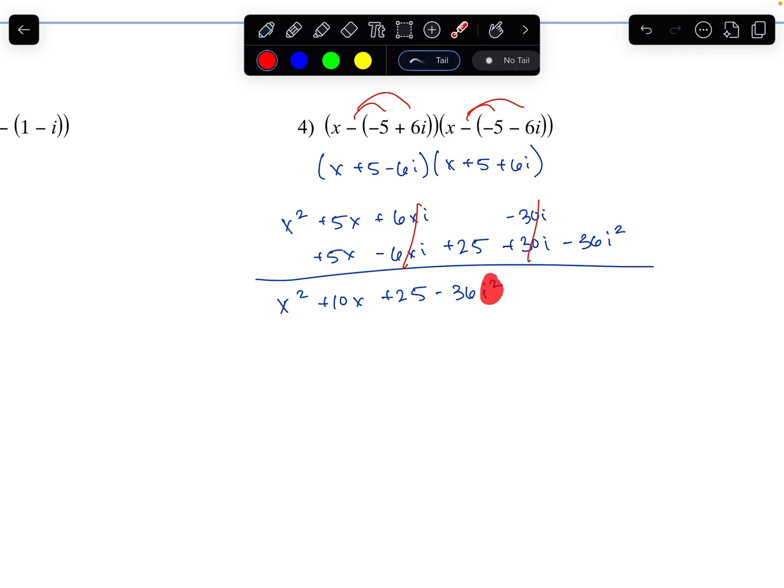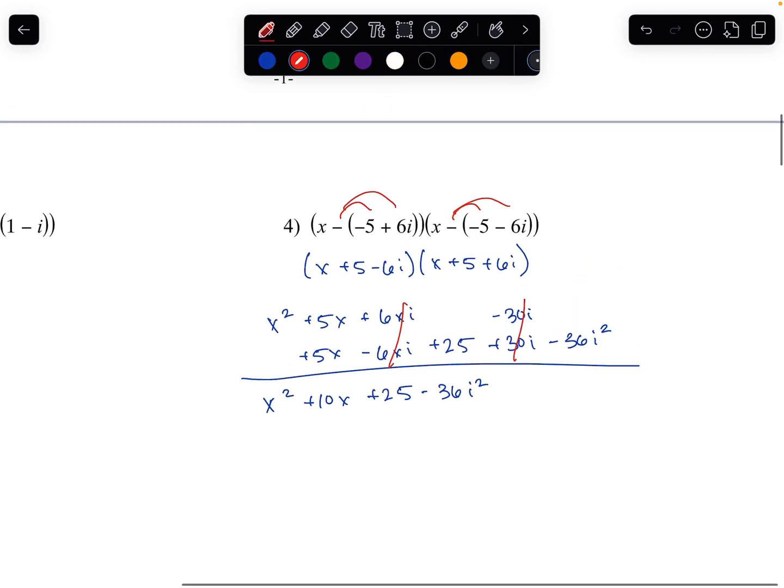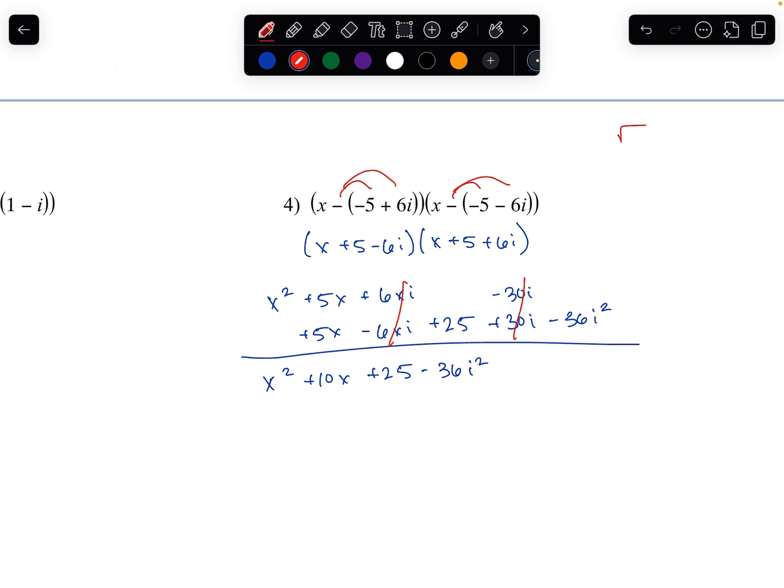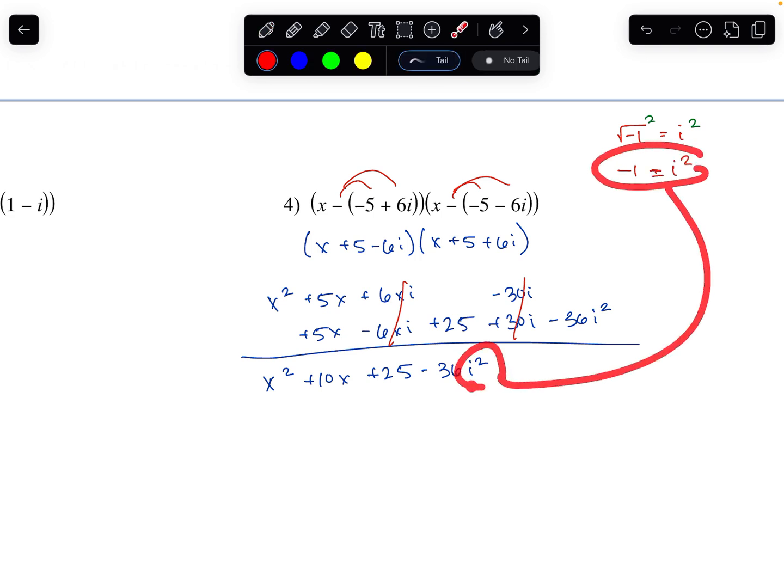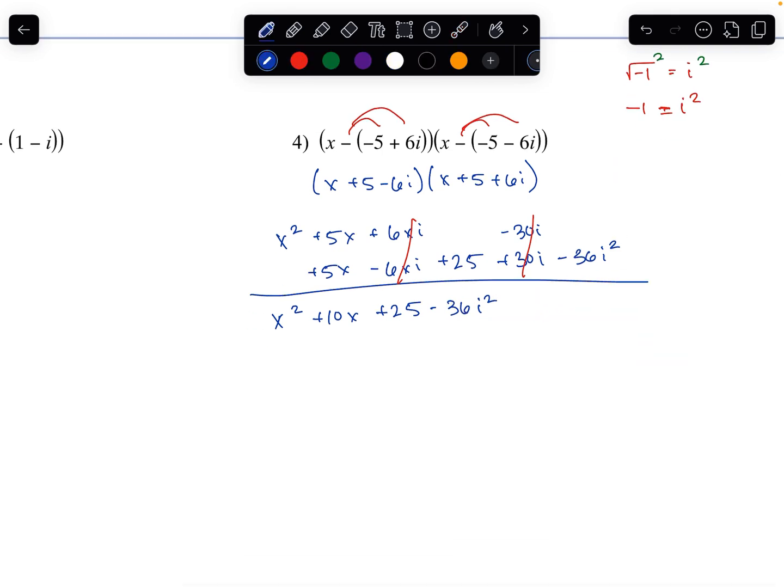Now this i squared: we established earlier that the square root of -1 is equal to i. If I square both sides, this becomes -1, and this becomes i squared, which helps me right here. Since i squared is equal to -1, I can change this i squared to just be times -1.